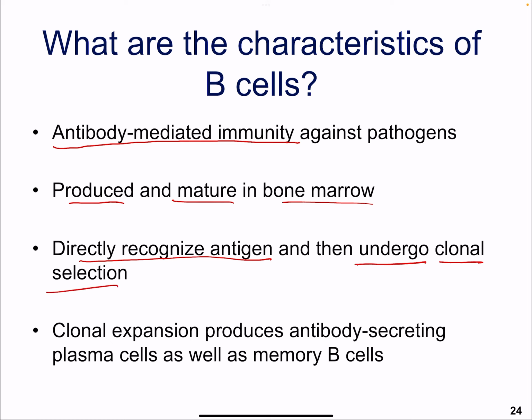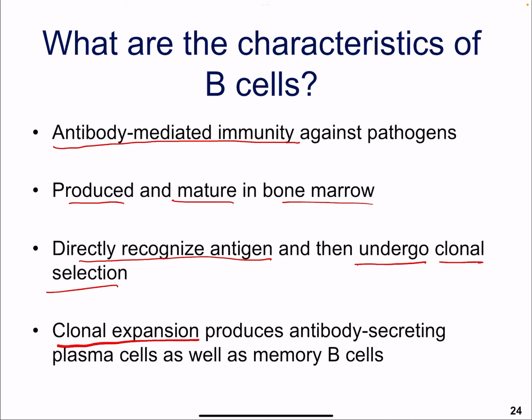Okay, which means that only the B cells that recognize a particular antigen are going to undergo multiplication so that we have a clone of one particular type of B cells.